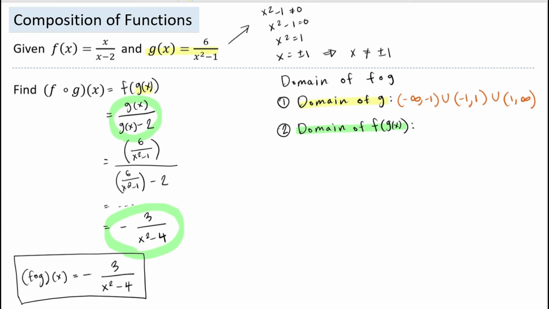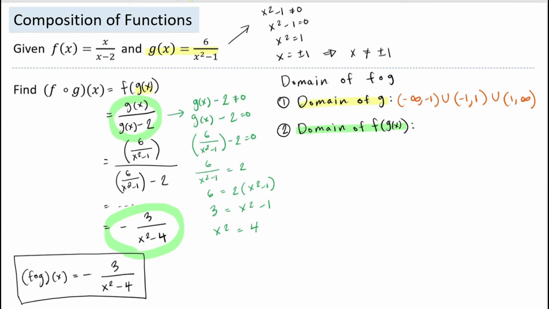Instead of starting from g of x over g of x minus 2, let's start from negative 3 over x squared minus 4. Using the expression, x squared minus 4 cannot be equal to 0.